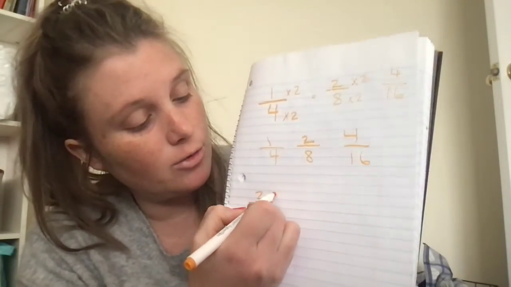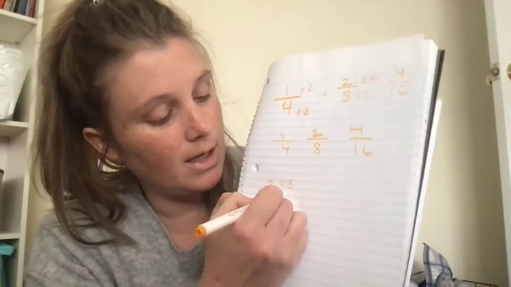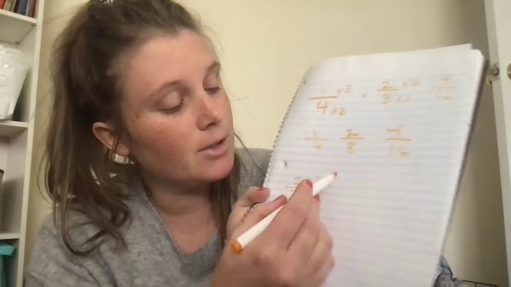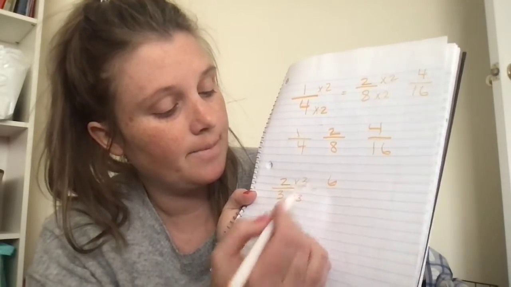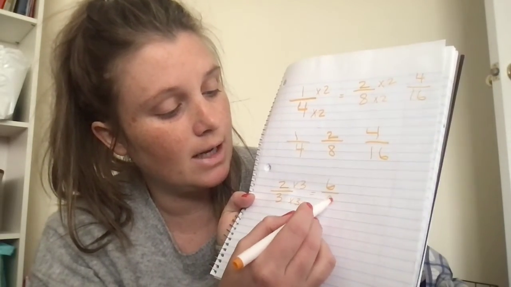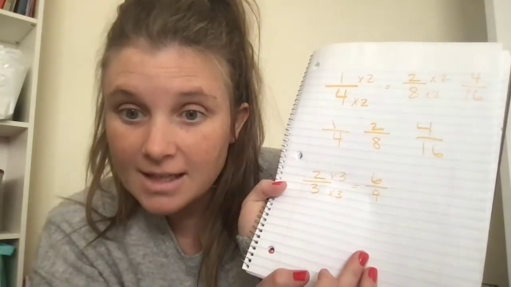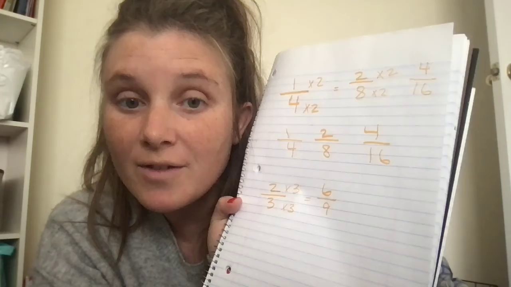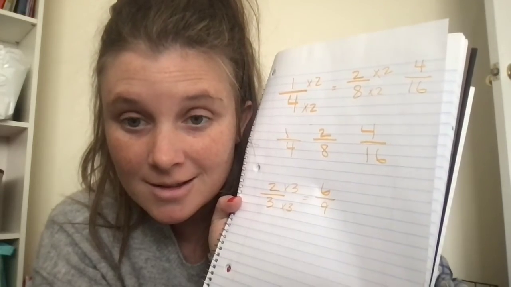So what's 2 times 3? 3 times 3. 2 times 3 equals 6. 3 times 3 equals 9. That tells us that 2/3 and 6/9 are equivalent fractions. So if we have a fraction and we need to find an equivalent fraction, multiply the numerator and the denominator by the same number. Okay?